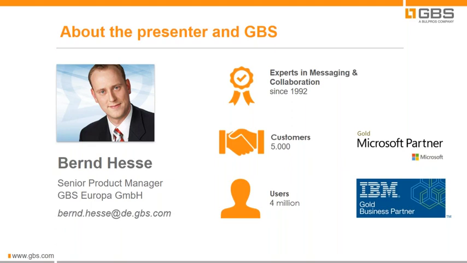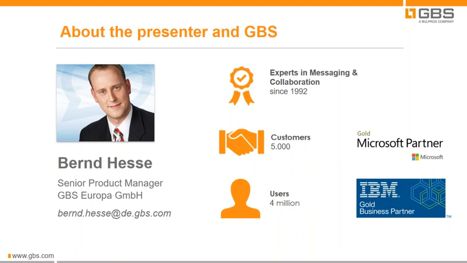In that role, I'm responsible for a lineup of products, and GBS AppDesigner is amongst those, and it's the most important product line. The company GBS, which stands for Group Business Software, is around for quite a while now, since 1992 exactly, and we have two main areas of focus.